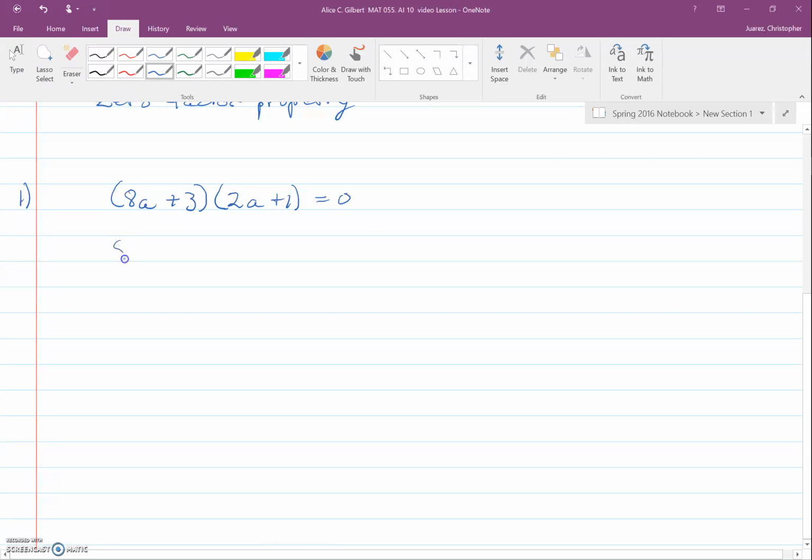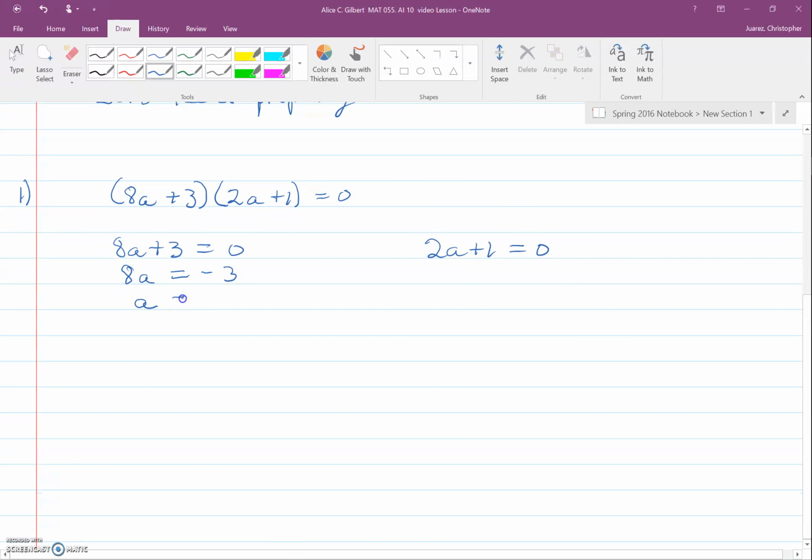So I will set each factor equal to 0 and then solve each of these equations separately. So for 8a, I'm going to subtract 3 from both sides and then divide by 8. And I get a equals negative 3/8.